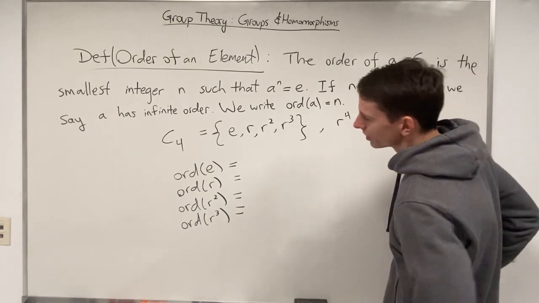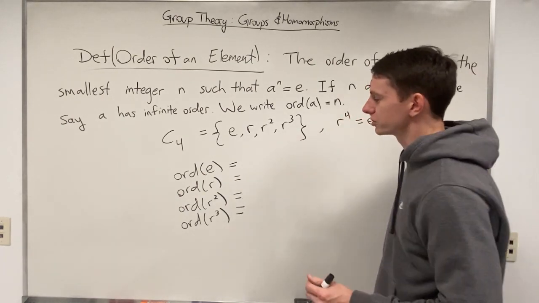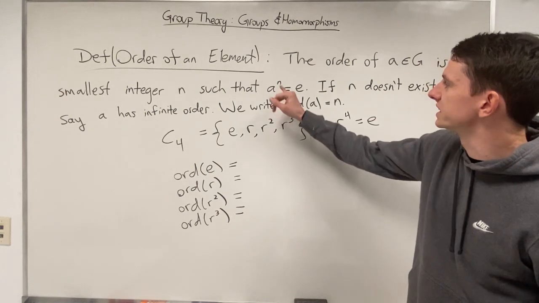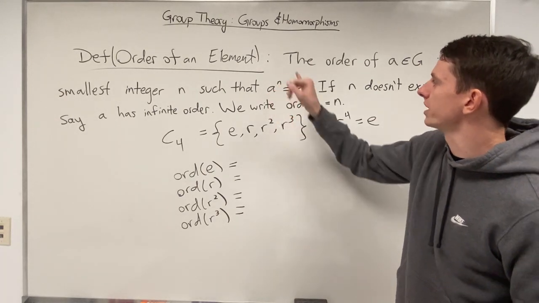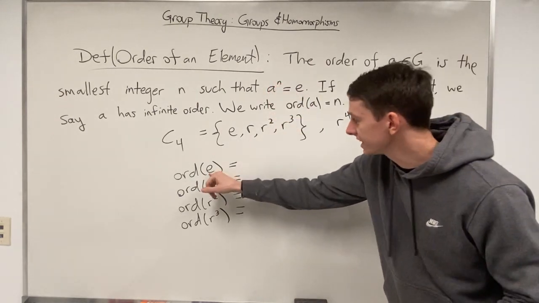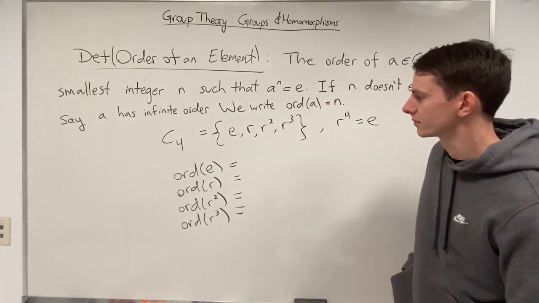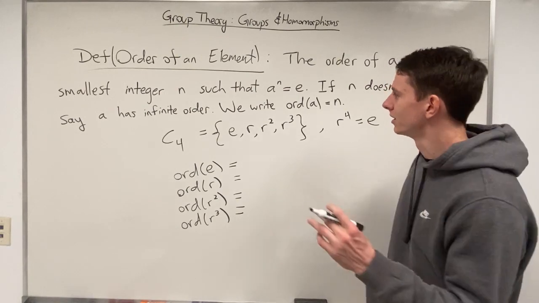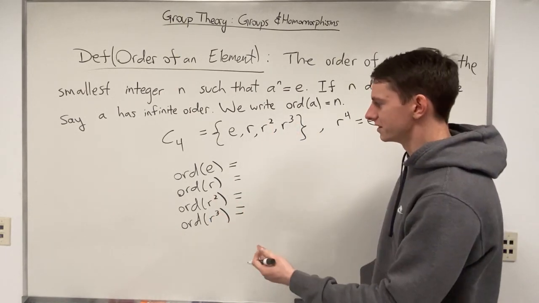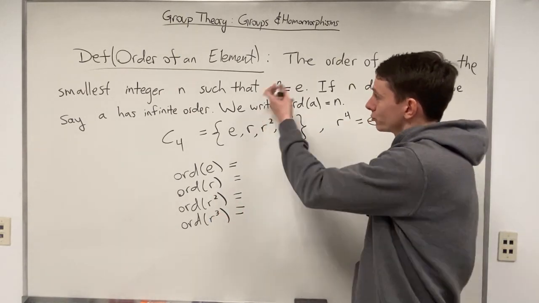Now, going with the identity element first, we would ask, what is the smallest integer such that when we raise E to some power, we get the identity back? We don't really need to raise this to any power.